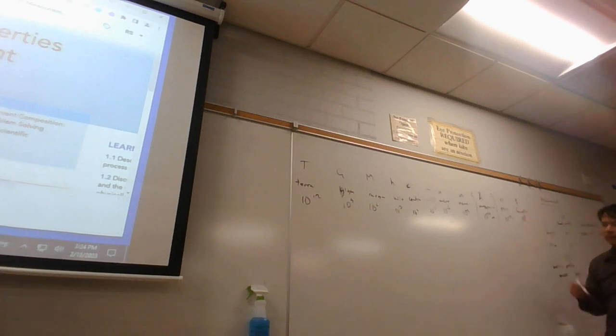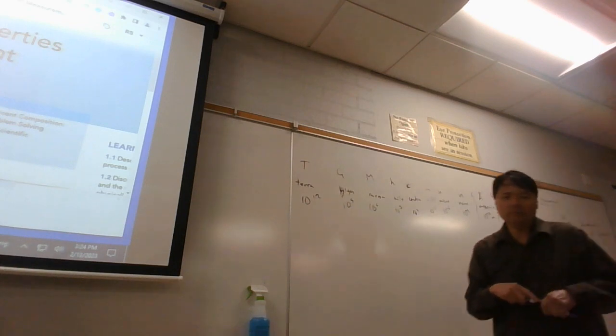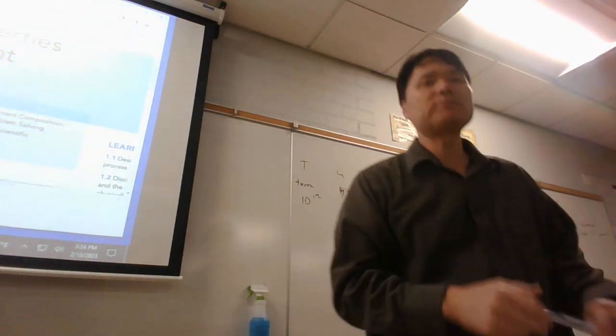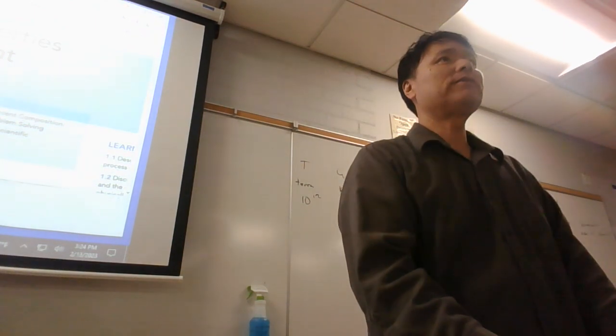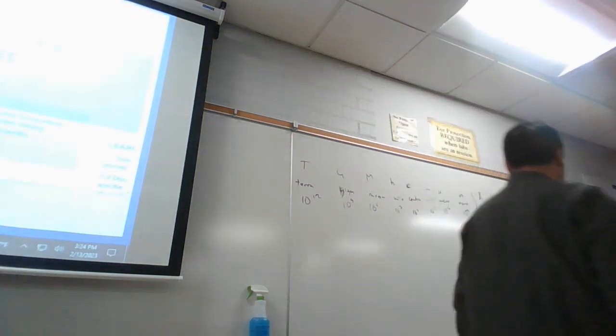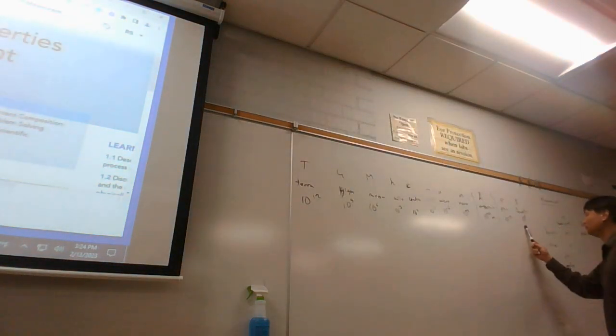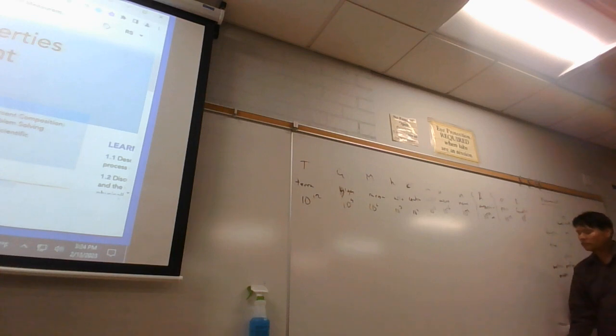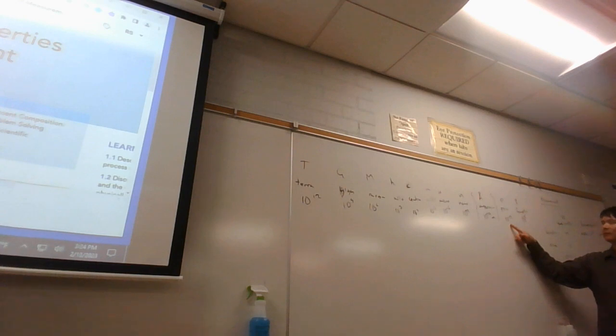Femto is 10 to the minus 15. Now, why do we care about femto? We care about femto because of femtoseconds. A femtosecond is really fast, right? A lot faster than a picosecond. So do you think you can count from 1 to a trillion in 1 second?